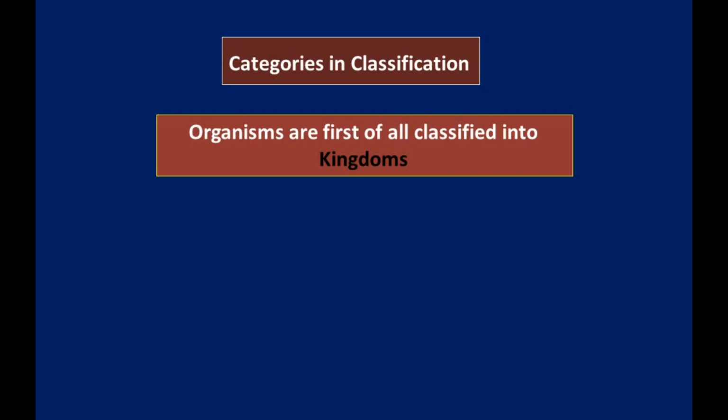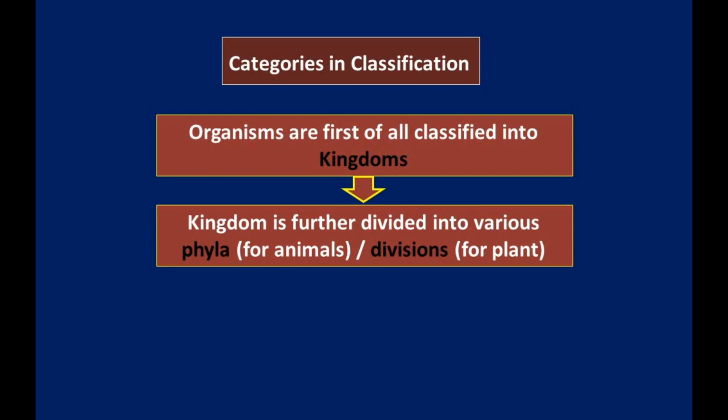Then these kingdoms are classified into subgroups. Animal subgroups are known as phyla. Plant subgroups are known as divisions. So kingdom is divided into 2 subgroups, phyla and division. Phyla for animals, divisions for plants.